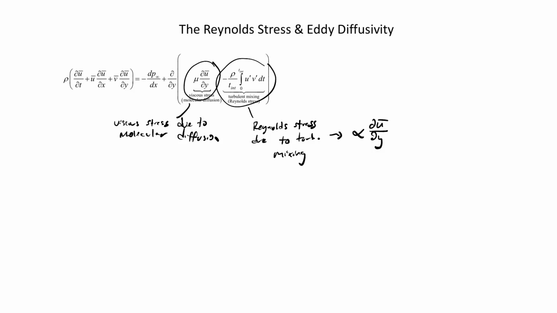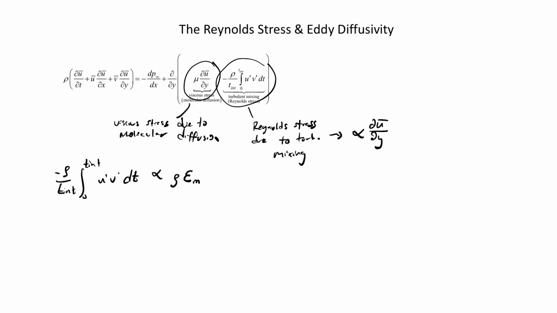Let me write this out a little more clearly. We're going to say this minus rho over t int, the integral from 0 to t int of u prime v prime dt, is proportional to some constant of proportionality, some model that's going to multiply this gradient. It turns out that's rho times epsilon sub m.